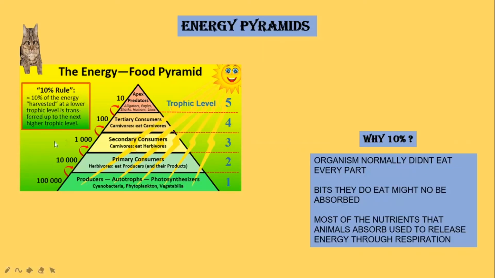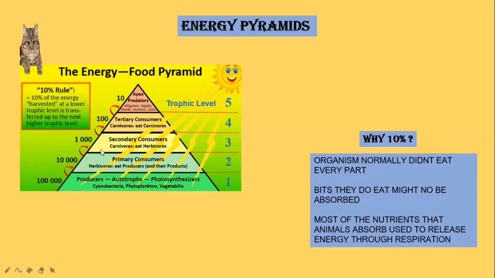When the primary consumer eats the producer, only 10% out of 100,000 energy will be transferred to the primary consumer. 10% out of 100,000 is 10,000.